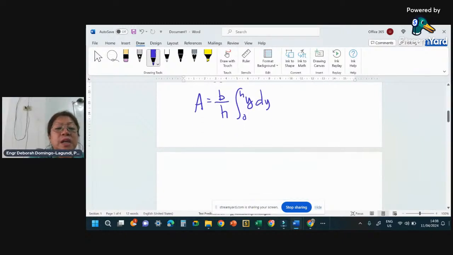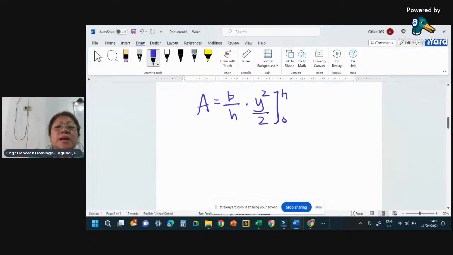And this gives us b over h, y squared over 2, from 0 to h. Let's substitute h to y squared.